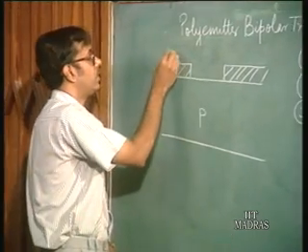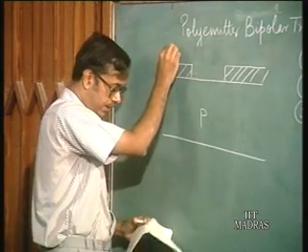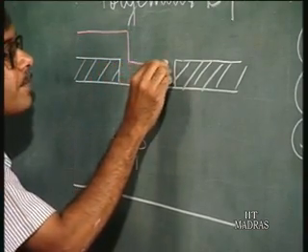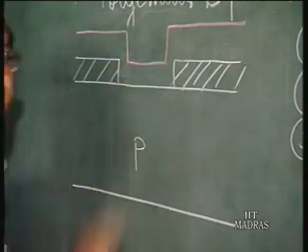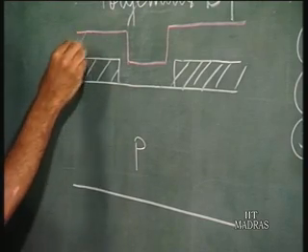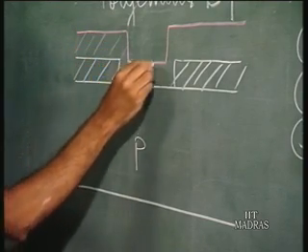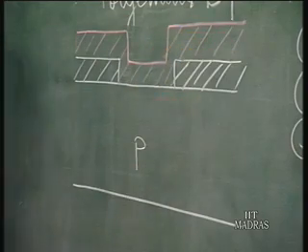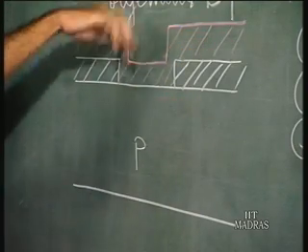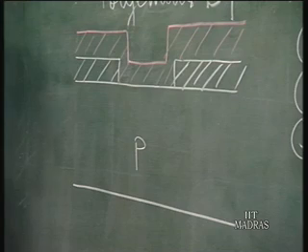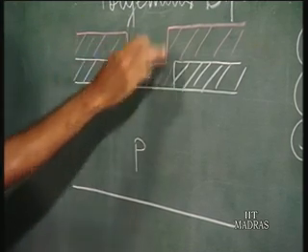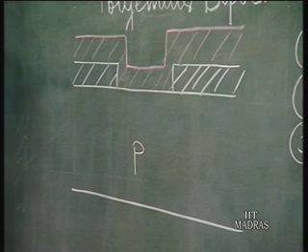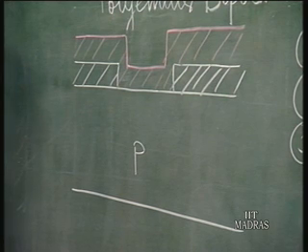So, basically what you do is you deposit polysilicon on top of this, and this is doped with arsenic. That is, you introduce arsenic impurities here on the top. So, it is N type polysilicon, and it is very heavily doped.